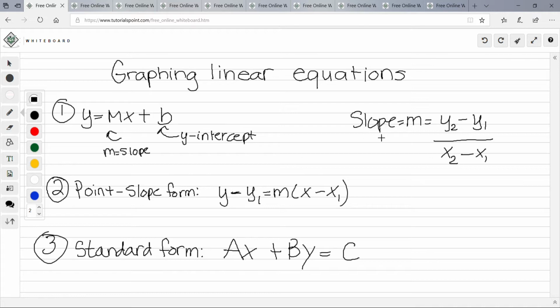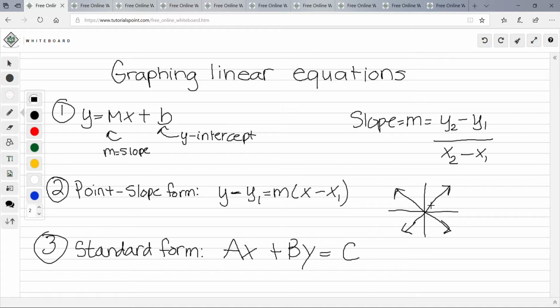And then remember in the first form, y equals mx plus b, where m is the slope. Well, slope can be measured as y2 minus y1 over x2 minus x1. If you don't remember, linear equations either look like this, going positive this way, or they could go negative this way.